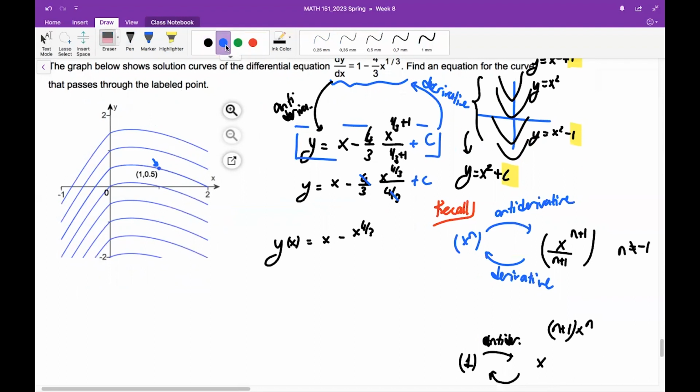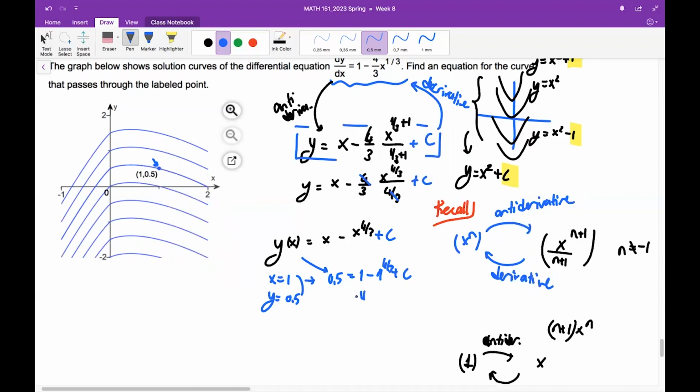And we know that our curve passes through the point x equals 1 and y equals 0.5. Let's insert these points. y equals 0.5, x equals 1, 1 to the 4/3 plus c.